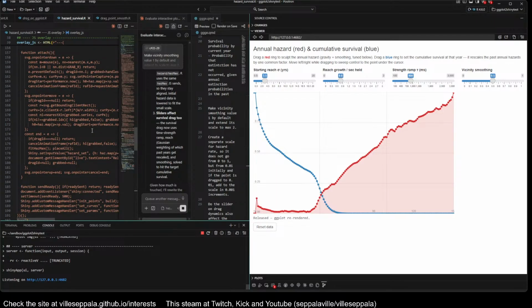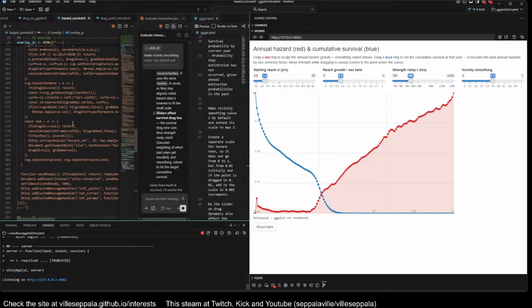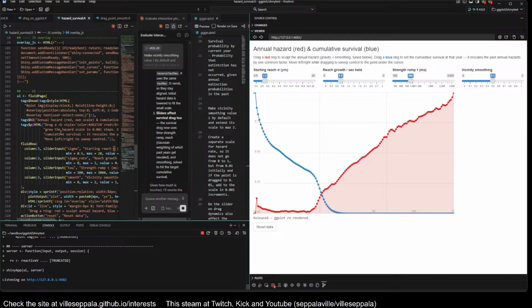I could also try to recognize where it's happening. But on the other hand, these are of course in Shiny.